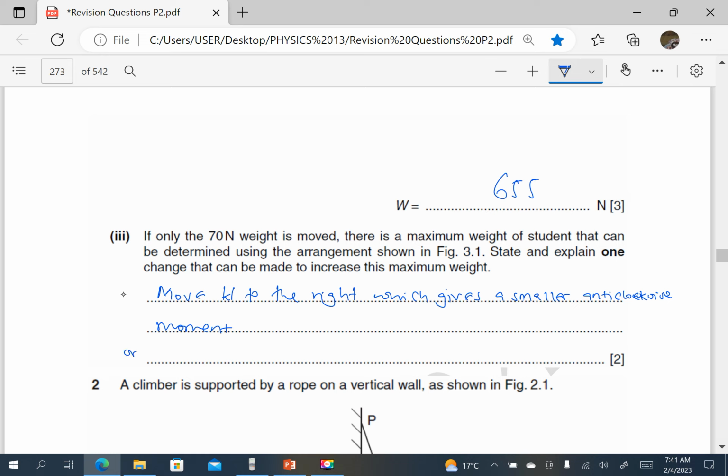Alternatively, we can move the pivot to the left. Moving the pivot, that is point P, to the left gives a greater clockwise moment. Moving the pivot to the left is going to make the moment on the right hand side greater because of the distance being greater.